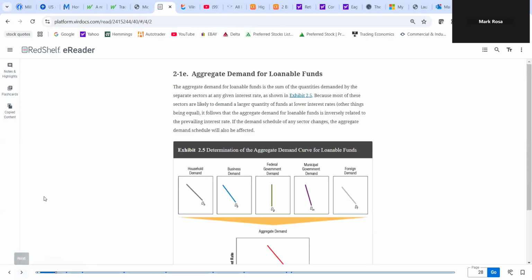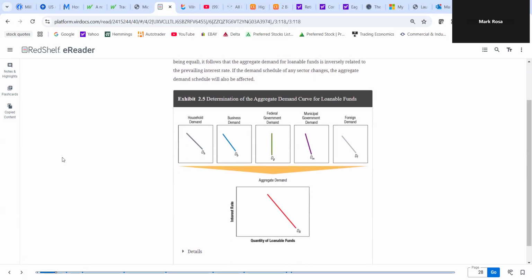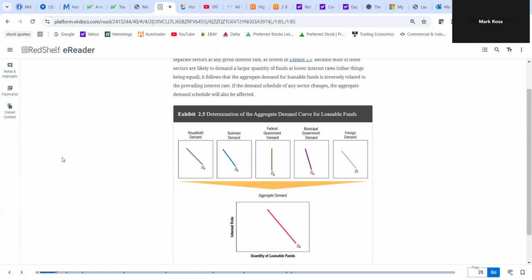Not spending a lot of time on what the foreigners want from our banking system, but just acknowledging that's out there. So the aggregate demand for loanable funds, what they're saying is generally a downward sloping demand curve if you add all these demands together.